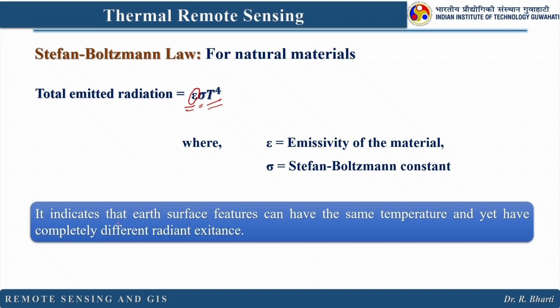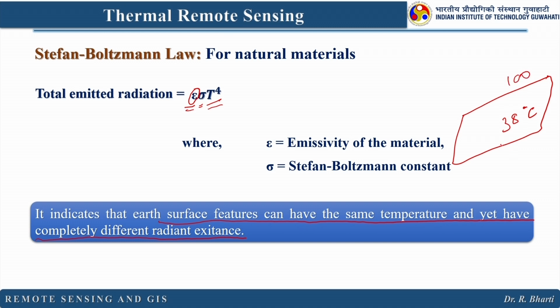So it indicates that Earth's surface features can have the same temperature and yet have completely different radiant exitance. That means the temperature of a given area can be the same, maybe 38 degrees Celsius. But suppose this is a 100 by 100 kilometer area.